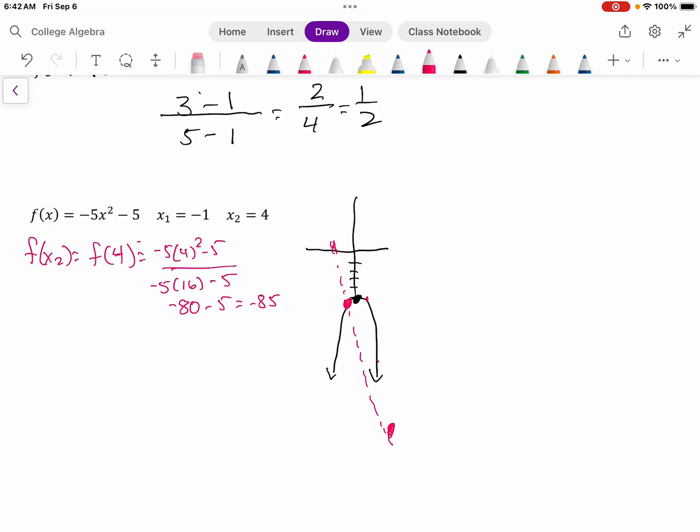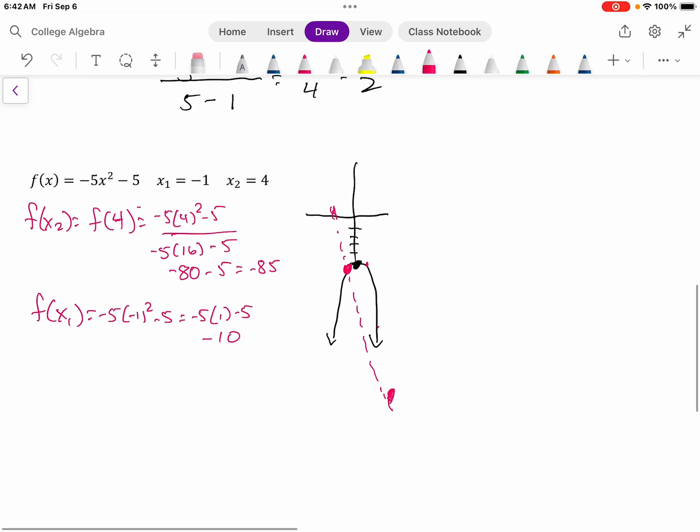All right, just going to double check my math to make sure. 16, that's -80. And then that, yep, that looks good. And then f of x1 would be -5 times -1 squared minus 5. That's -5 times 1 minus 5. That all works out to be -10.